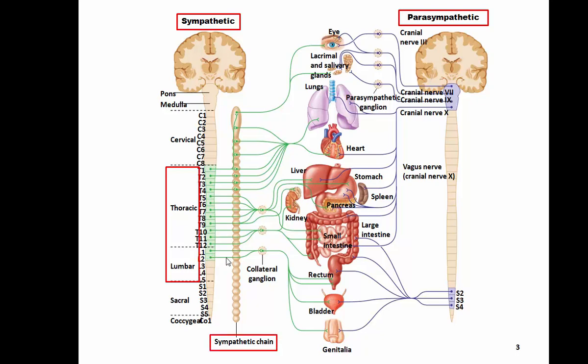Once again, the sympathetic chain refers to the clusters of cell bodies that exist just outside the spinal cord as the conduit for the sympathetic control of effector organs. In the parasympathetic nervous system, neurons and nerves exit the craniosacral levels of the spinal cord.